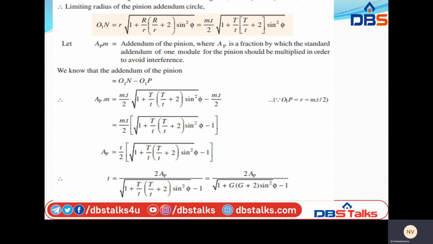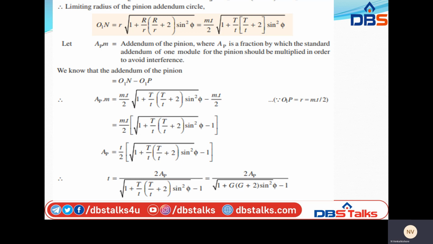Then O1P is the radius of the pitch circle, that is m t by 2. So there we are commonly taking m t by 2 as common: square root of 1 plus capital T by t into capital T by small t plus 2 into sine square phi minus 1. Then the left side has one module and the right side also has one module.